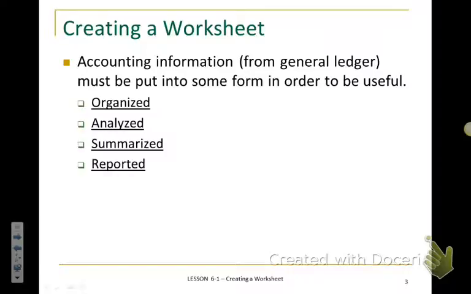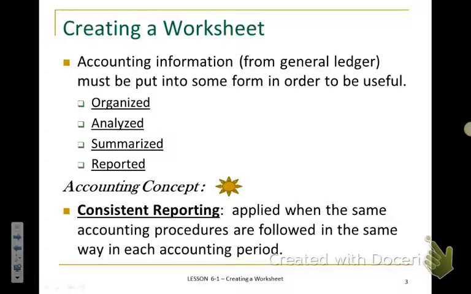All of these things are essential in order to operate a business and make sure the business is running smoothly, and for investors to know about, managers to know about, banking institutions to know about, taxing authorities to know about. So accounting information helps us to do all of this, and we've been doing all this along, entering our journal entries, learning how to post to our ledger. Now we're going to learn how to put this information into a useful format.